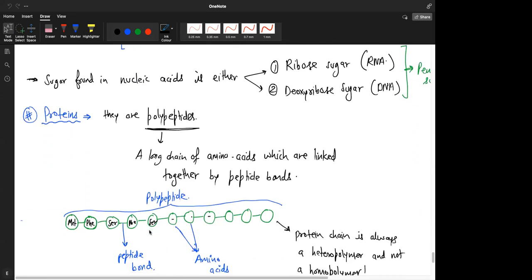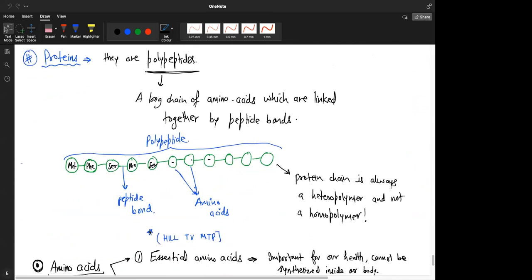Then we have proteins. They are long chains of polypeptides, long chains of amino acids linked together by peptide bonds. A protein chain is always a heteropolymer, not a homopolymer. Why?